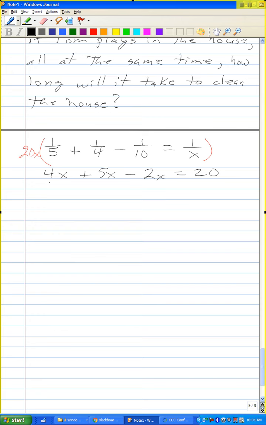And so I get 4x plus 5x is 9x minus 2x is 7x equals 20. Divide both sides of my equation by 7. And so I get that x is equal to 20 over 7. And so let's divide. 20 divided by 7 is 2 and 6/7.